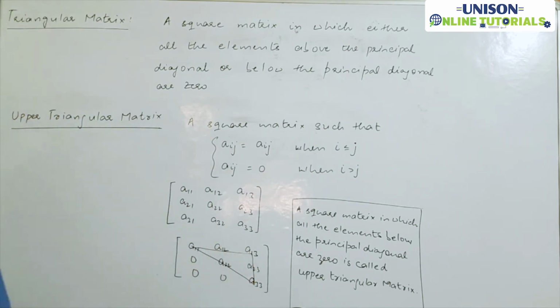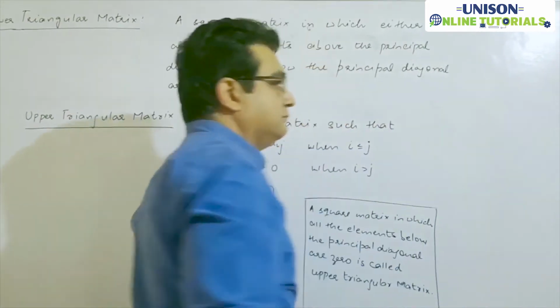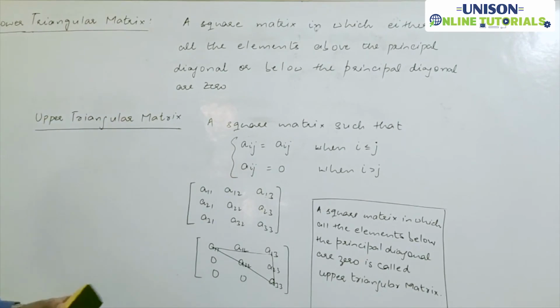Now next is lower triangular matrix. What is a lower triangular matrix?